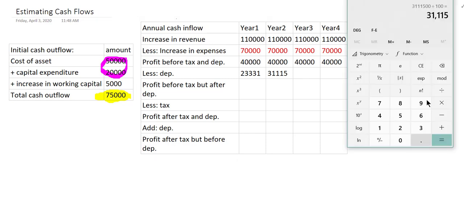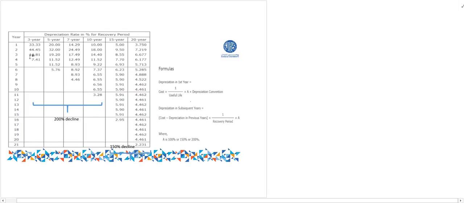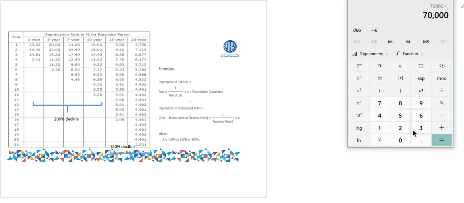Depreciation for the next year, how to calculate it? Amount was equal to how much? 70,000. So 70,000 multiplied to what was the rate? Take the rate from here, 14.81. So multiply to 14.81, which is equal to this much. Now divided by how much?